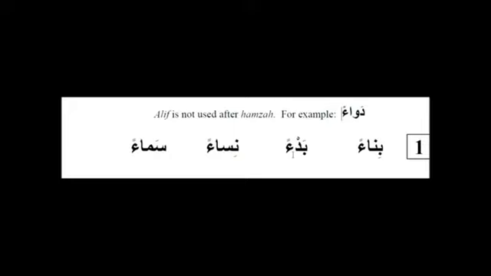Then in the middle of the word, it can be on its own if it's preceded by 2 alifs or a waw. Okay, so we'll read these together. Bana'an, bida'an, nisa'an, sama'an.